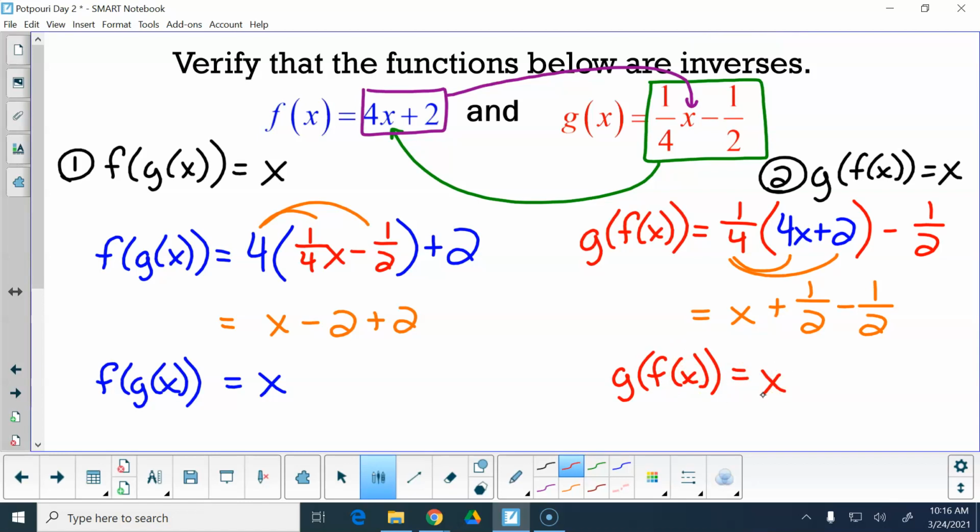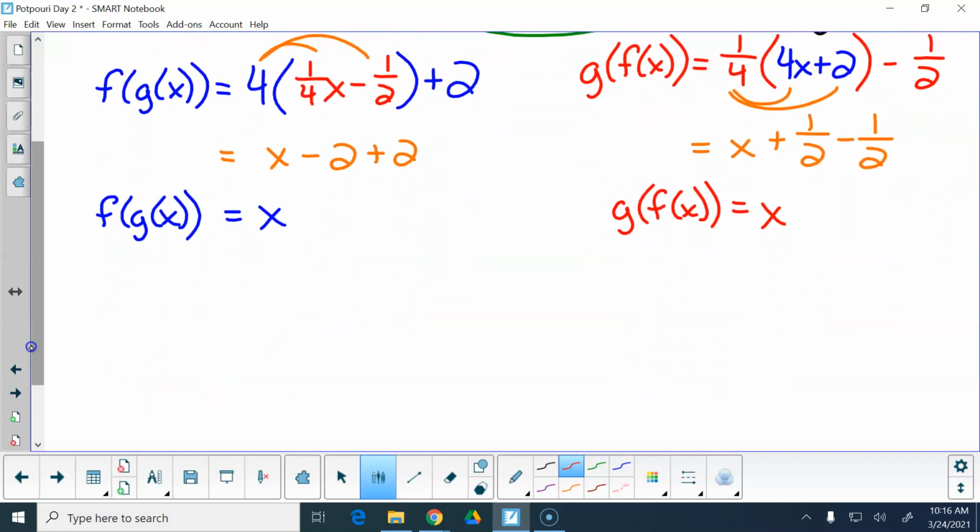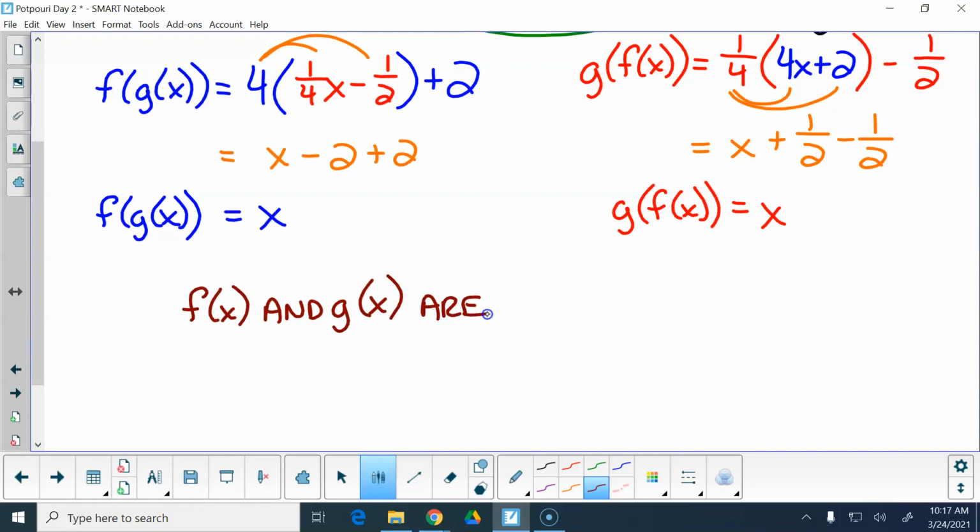So because we've shown both of those, then we have the right to say that f of x and g of x are inverses.